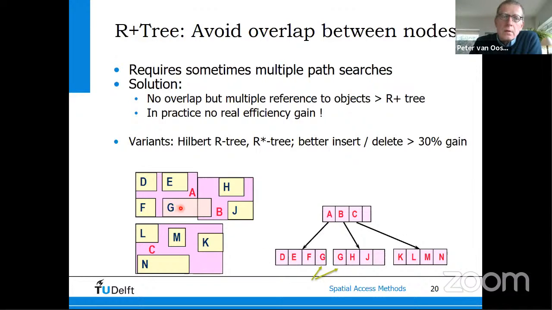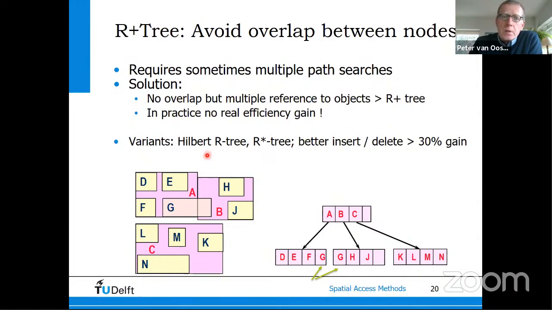So G is now partly in A and partly in B. It was a nice idea and it's good for point queries, but in the real world it is not an important gain, because the majority of queries are range queries, and for range queries or rectangle queries there is no gain. Difficult to understand directly, but it was discovered after serious testing with real data.